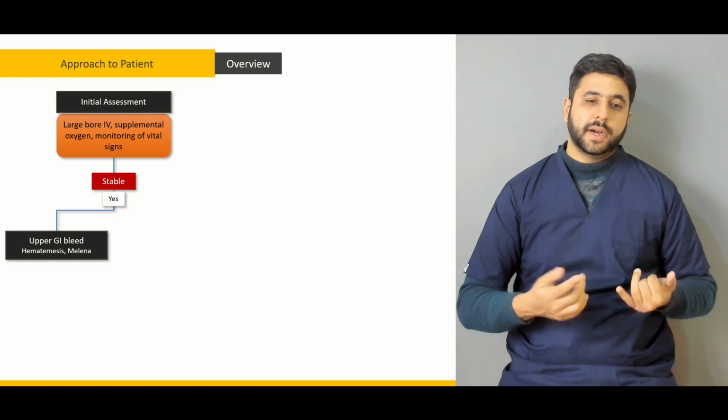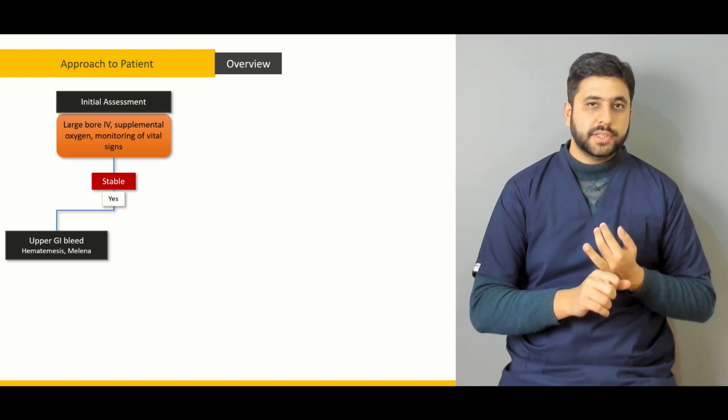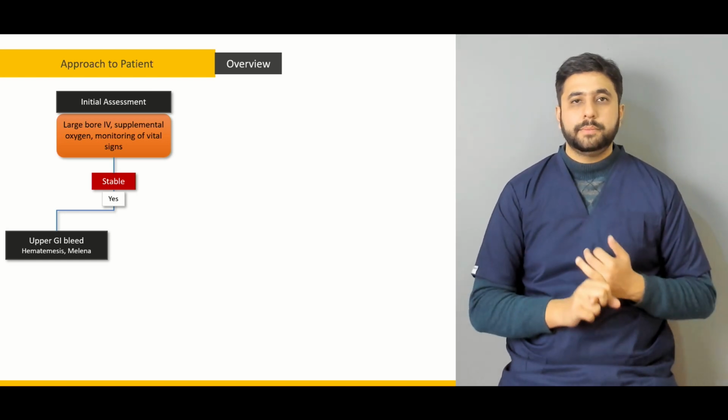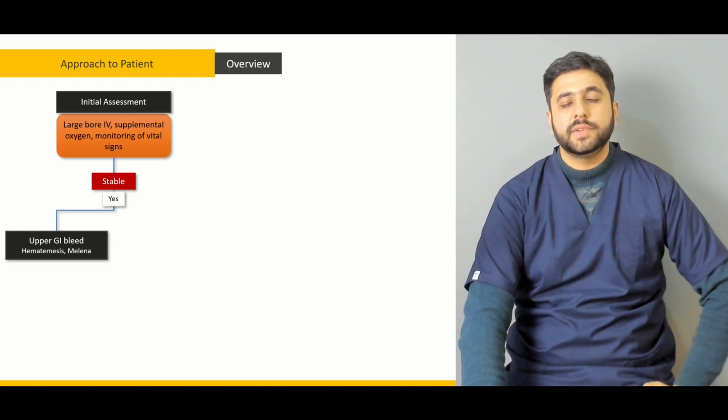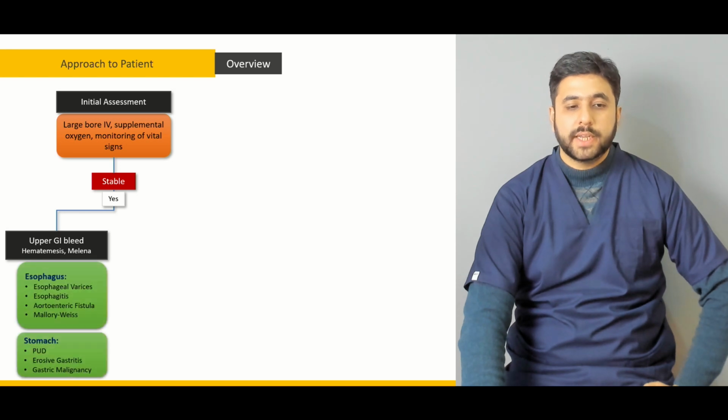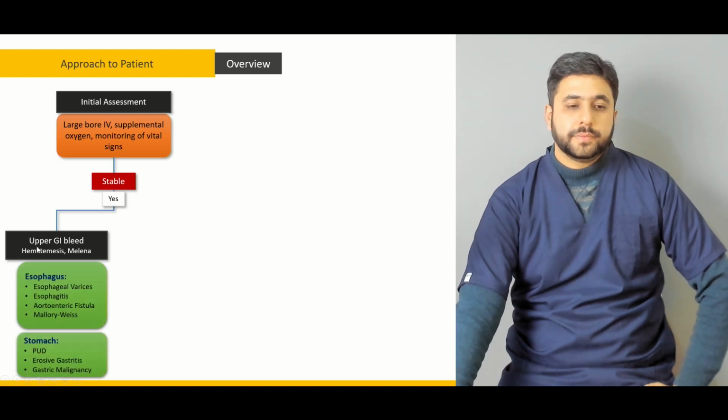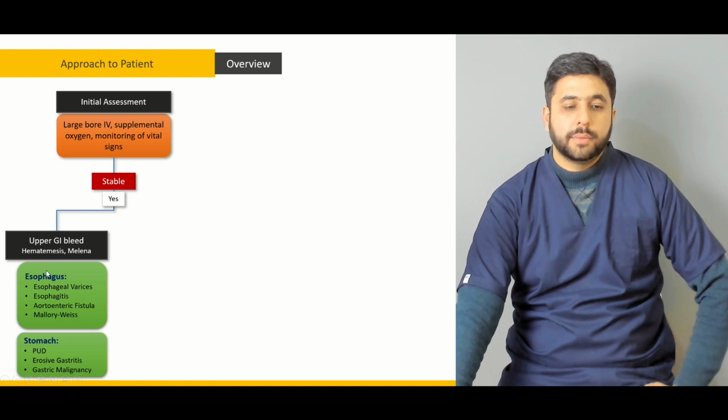Then, the first part is to characterize whether this is an upper GI bleed, which, as you know, presents with hematemesis or melena, or whether this is a lower GI bleed, in which case it is presenting with hematochezia. If the patient presents with hematemesis or melena, then stepwise and anatomically we have to rule out the various causes. The most common causes, as we know, are peptic ulcers.